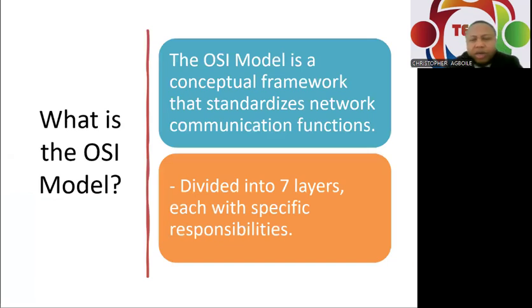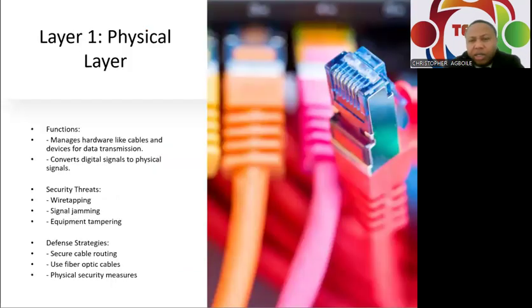We have already established what the OSI model is about: a conceptual framework that standardizes network communication functions among different vendors or manufacturers. We also established that it is divided into 7 layers, each with specific responsibilities. Looking at layer 1, the function is to deal with the actual physical medium for data transmission.